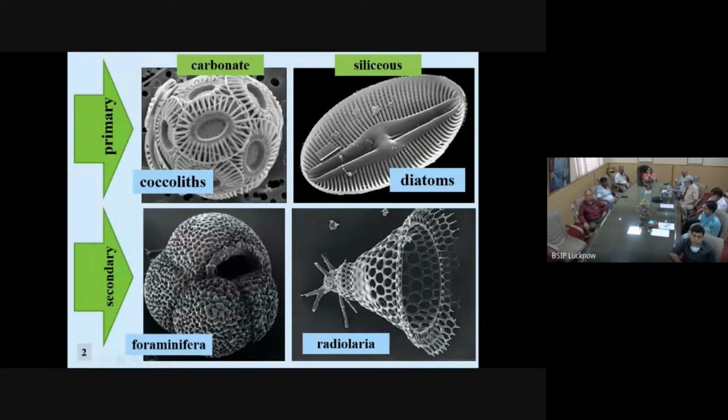On your left side are those 2 very important groups made of carbonate skeletal material, and on the right, siliceous. The top are the autotrophic, the plants, the bottom are the heterotrophic, the animals.